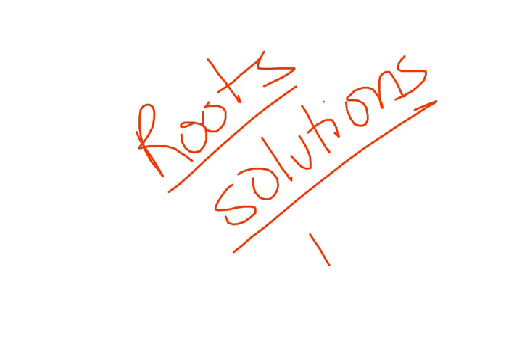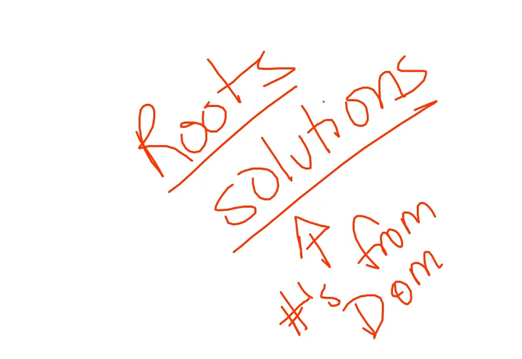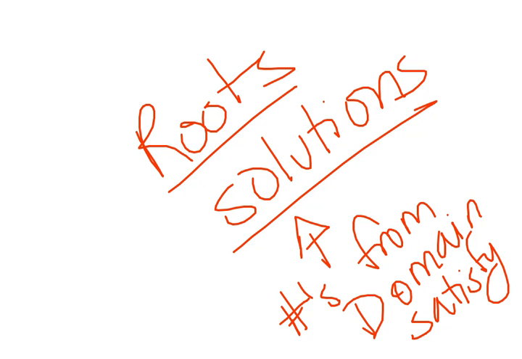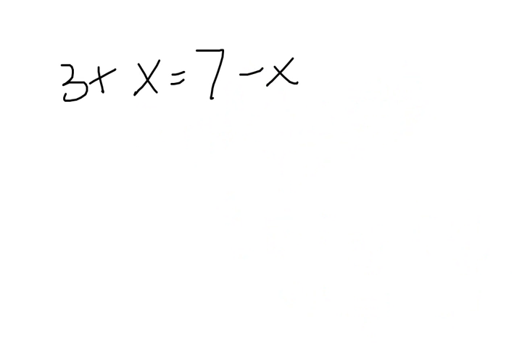These are the numbers from the domain that satisfy the equation. So let's look at our original 3 plus x equals 7 minus x.